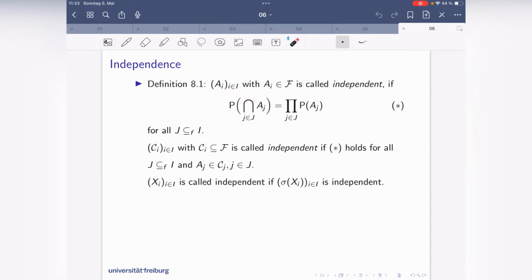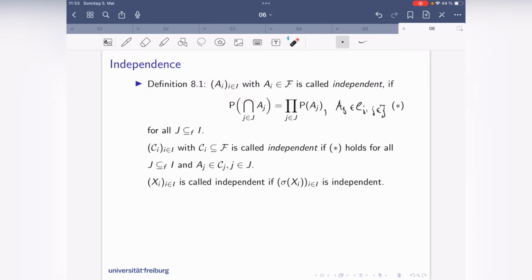So set systems are independent if this formula holds here for all Aj in Cj, for all j in J, where J is a finite subset of I. So this is for set systems, for example, sigma algebras.